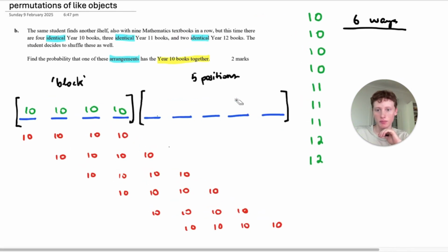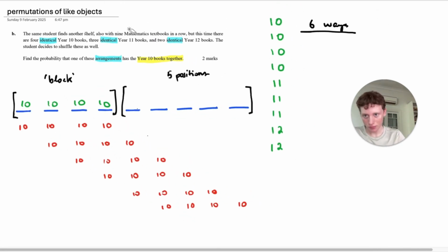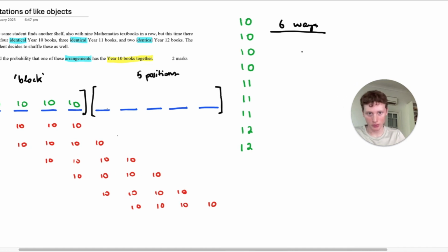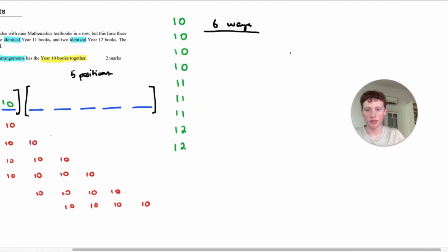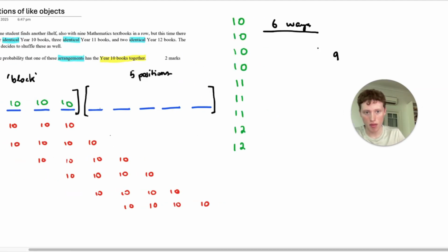The other thing we can figure out is, if they are like objects, and that's what we're defining them as, we can think about how to find the total number of arrangements. I'm not sure what kind of formulas you've looked at for combinatorics, but how I look at this is, we have 9 positions we need to fill, and our groups of objects that are alike are 4, 3, and 2.